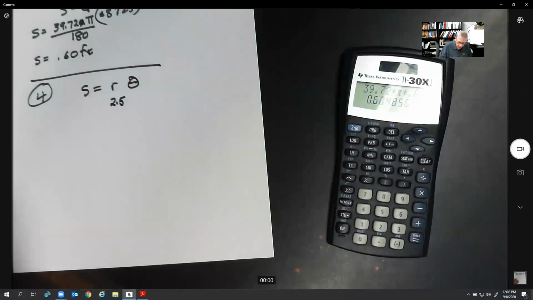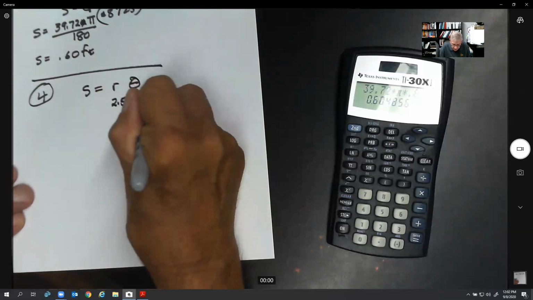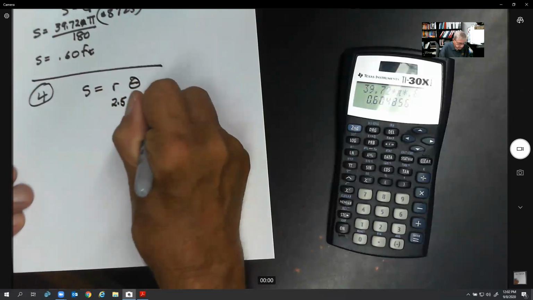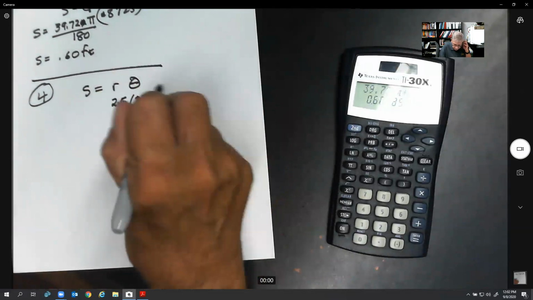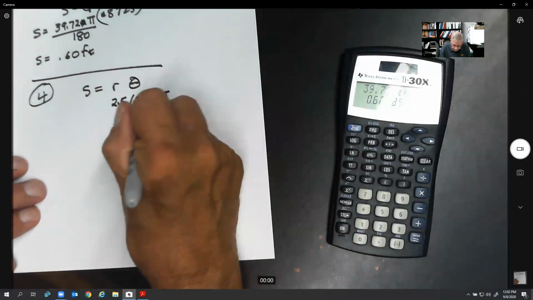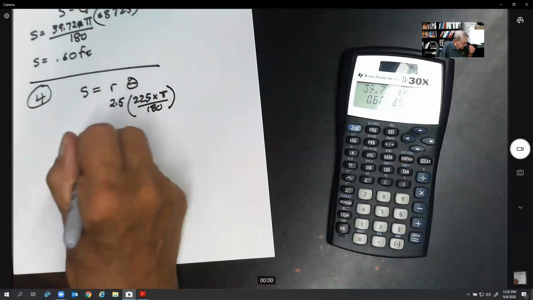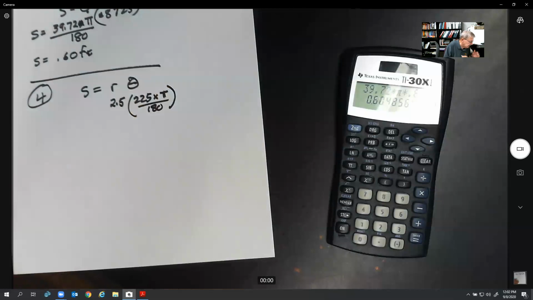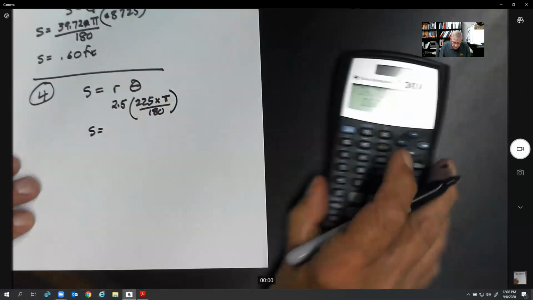So would this be 225 times pi over 180? That should give us the distance that the small circle is turning. Let's see if that'll work.